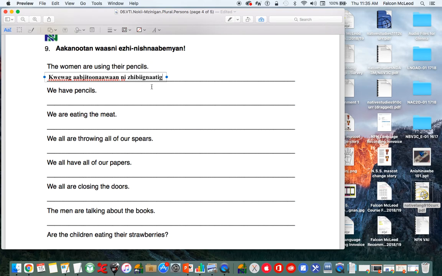So again, go back to that lesson if you don't remember the prefixes and suffixes for ownership. For this one, to make it third person plural ownership, we add the suffix wan. So there we go. So kwe wag opchitona wan ne jabigna tigwan. So the women are using their pencils.